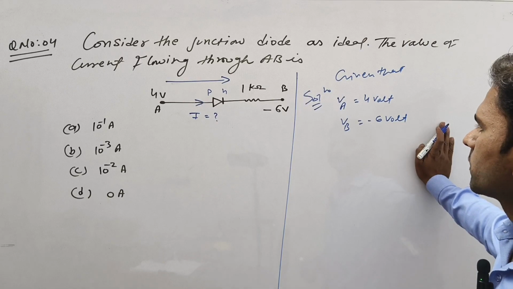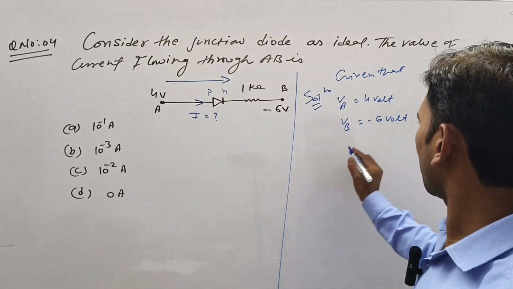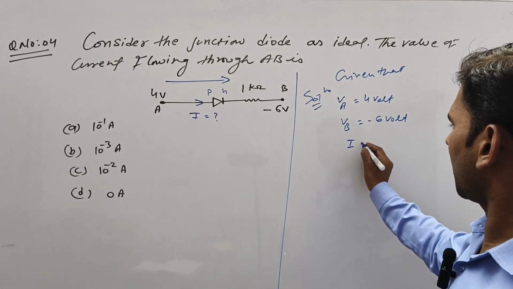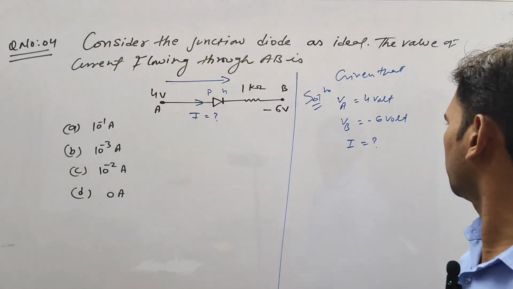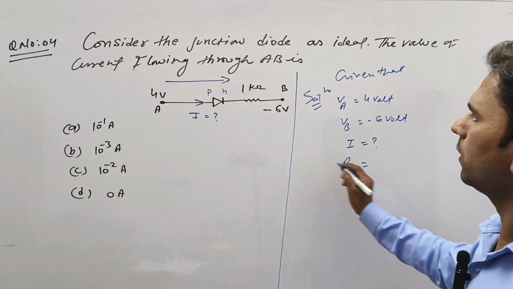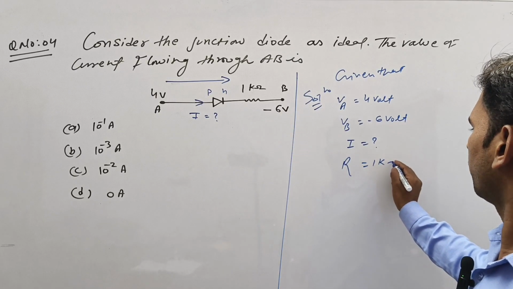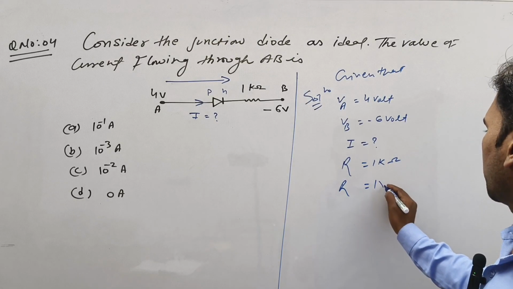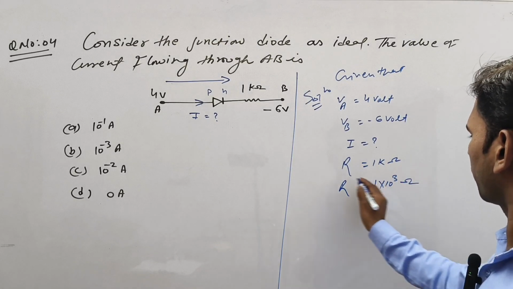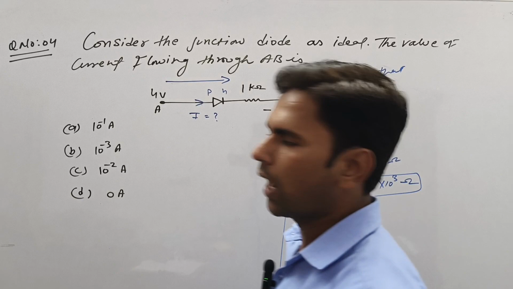Now we are asked for the value of current. The resistance R is also given: R is 1 kilo ohm. So you can write R is equal to 1 multiplied by 10 power 3 ohm.